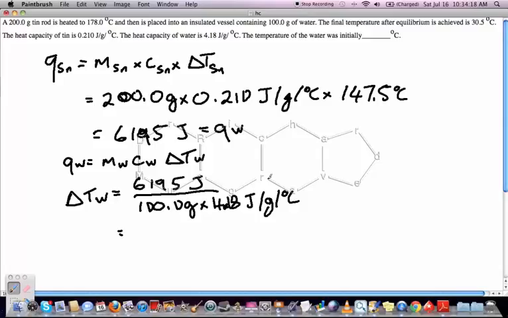And that's going to come out to be the change in temperature of 14.8 degrees Celsius.